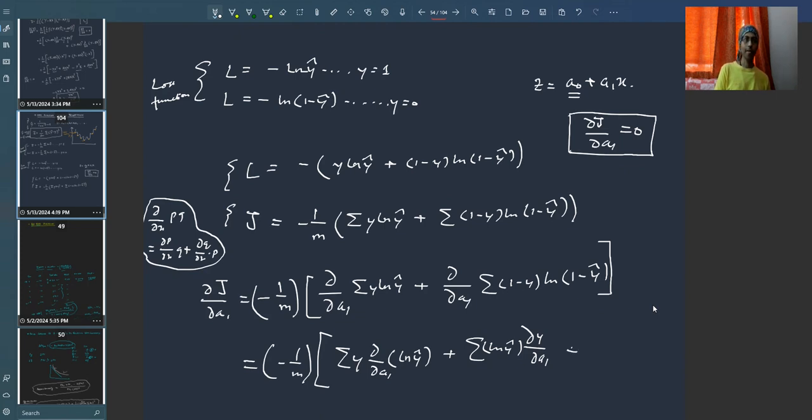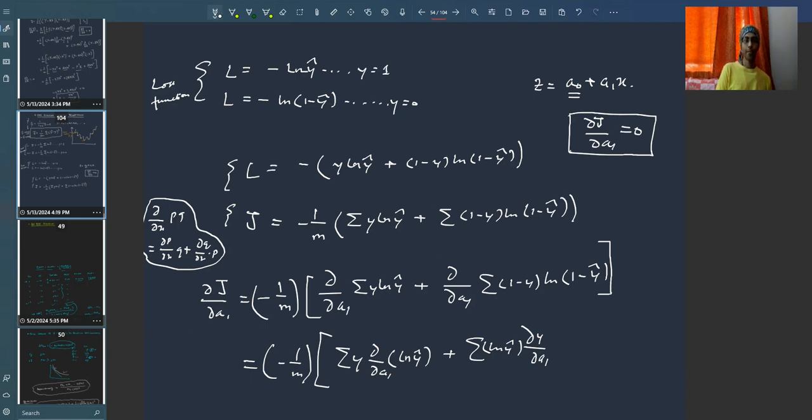So this is plus sum of 1 minus y del a1 of ln 1 minus y hat. Let's write it below here, as the space is not there.